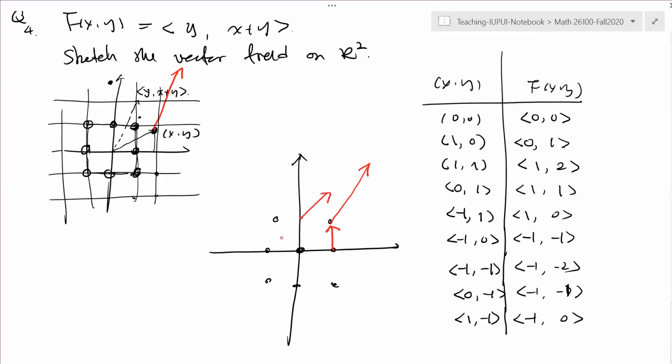Okay. At the negative 1 and the 1 will be 1 and 0. It's horizontal. Okay. At negative 1 and 0 is negative 1, negative 1. So it's going that direction. Okay. At negative 1, negative 1 will be negative 1 and negative 2.